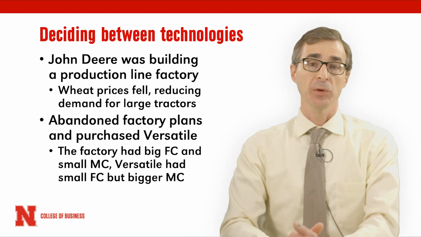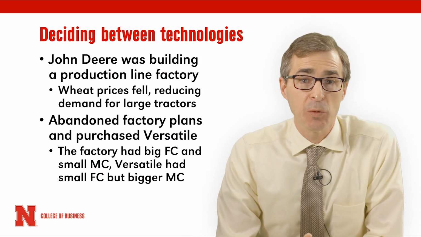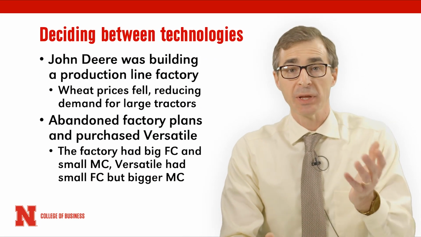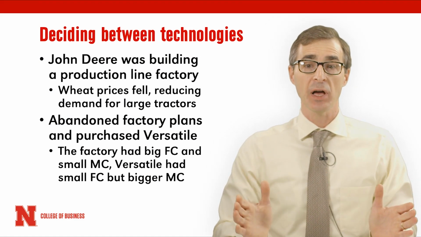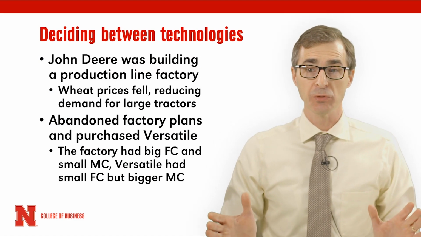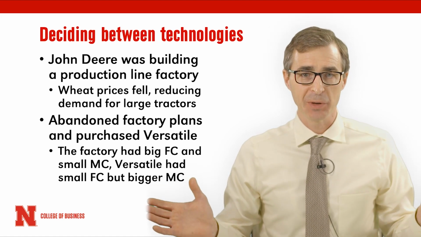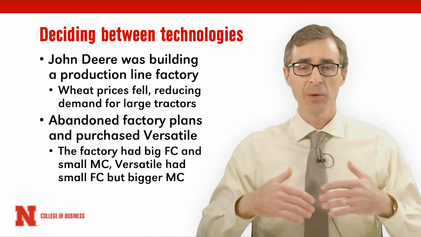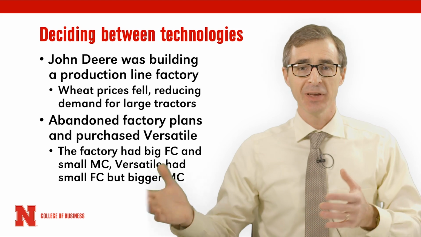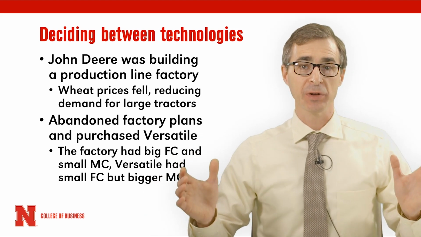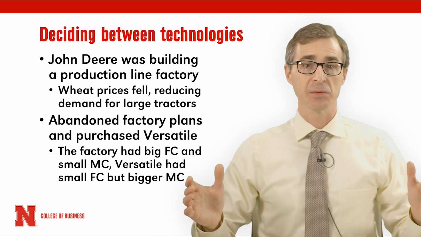A second example is a 1983 example when John Deere was in the midst of building really a Henry Ford-style production line factory for large four-wheel drive tractors. At that time, some of you may have been alive in the 80s, some of you not, but if you think back to the 1980s, there was a dramatic reduction in prices of many commodities.